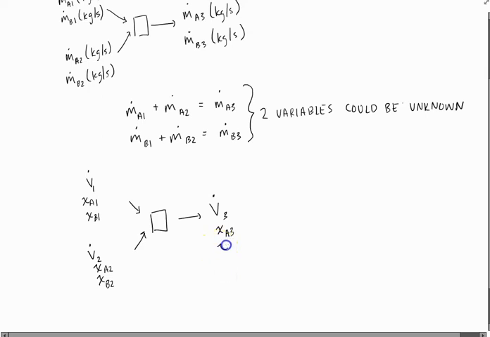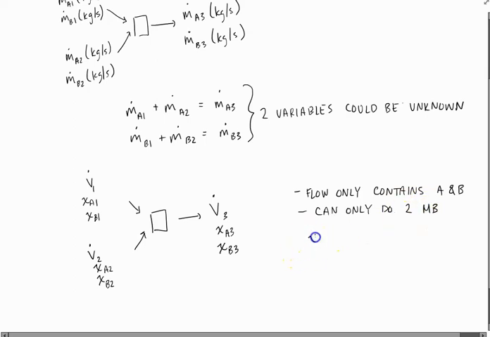So this is the same kind of situation. We have two components in the stream, A and B, so we can only write two mass balance equations for this mixing point, one around A and one around B.